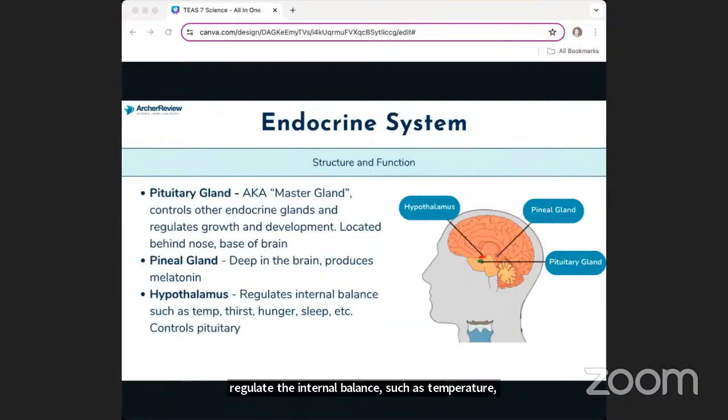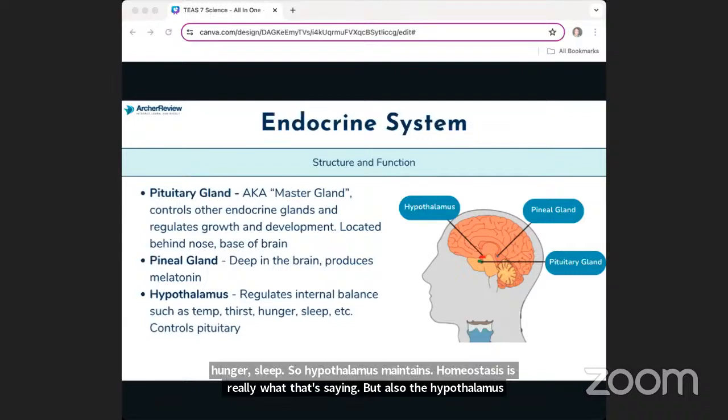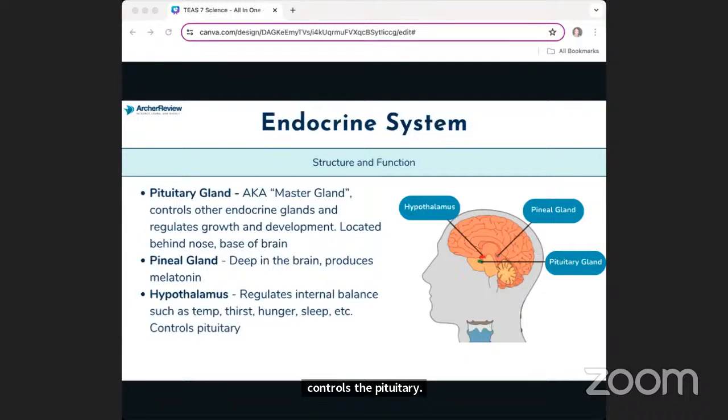So the hypothalamus maintains homeostasis is really what that's saying. But also the hypothalamus controls the pituitary. Even though the pituitary gland is the master gland, because it controls tons of other endocrine glands, the hypothalamus actually controls the pituitary. Don't forget that one.